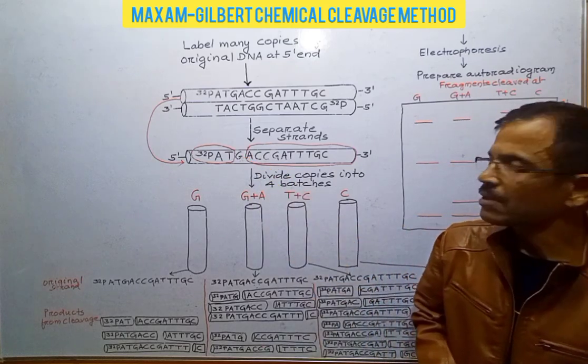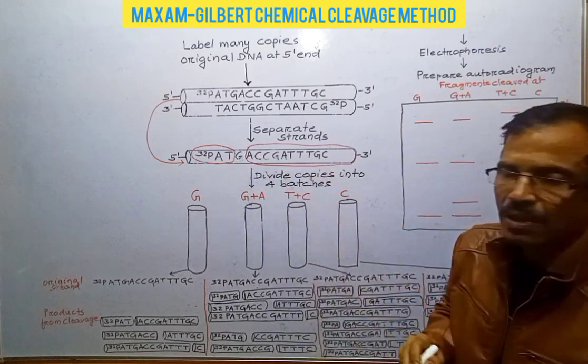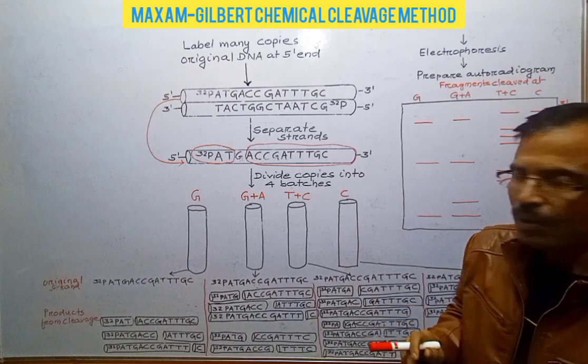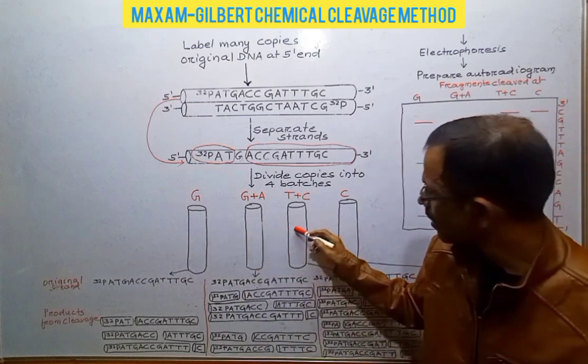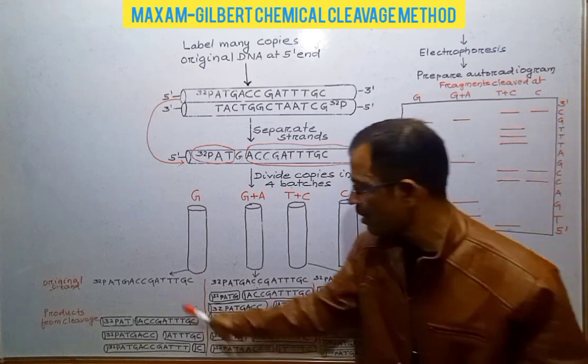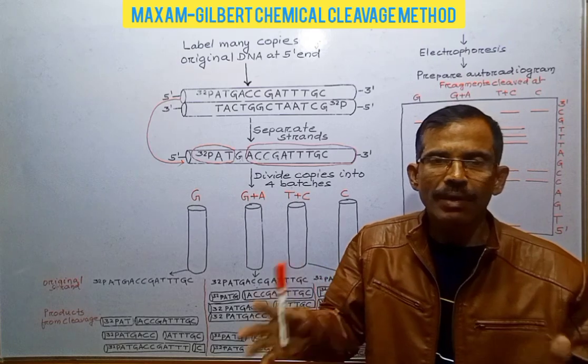Whereas in the third batch, cleavage will take place at thymine and cytosine, and in the fourth batch at cytosine only.